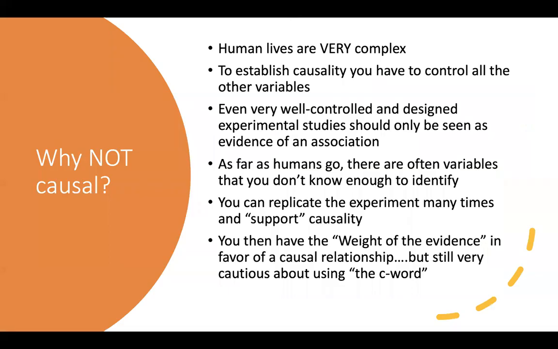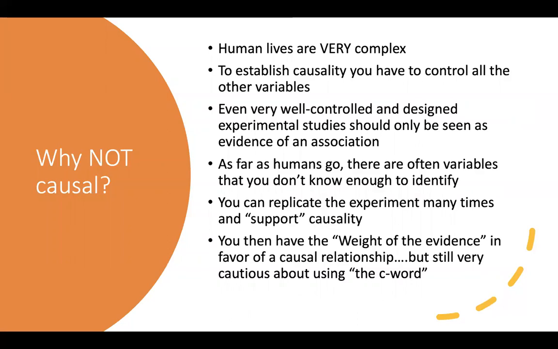Why do we not use the word causal? Human lives are very complex and you have to control all of the things. When you're looking at an experiment, you want the only thing to vary to be the variable that you want to change, the manipulated variable. You want everything else to be the same so that you can say the only thing that changed was the manipulated variable.